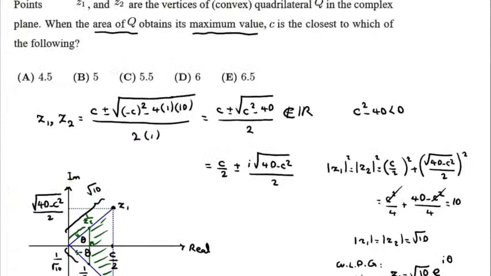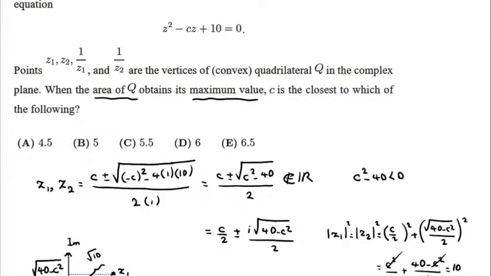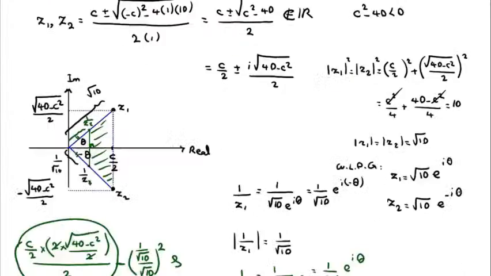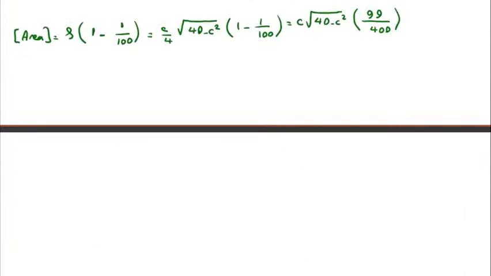And now the problem wants what? The problem says what is the maximum value of the area, and then find C. Because we want to find the maximum area, we should find the maximum of this part, because 99 over 400 is constant. If we want to find that, we should differentiate.